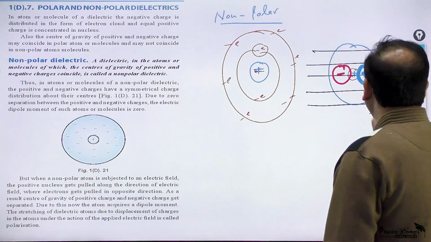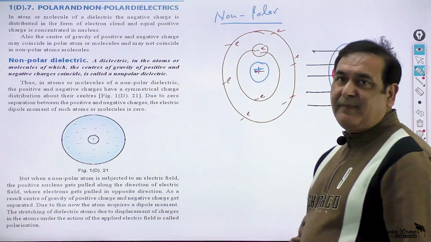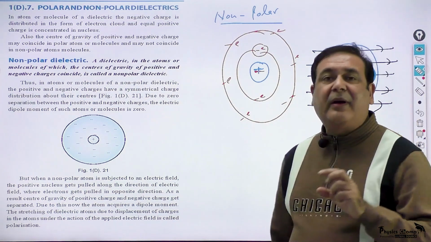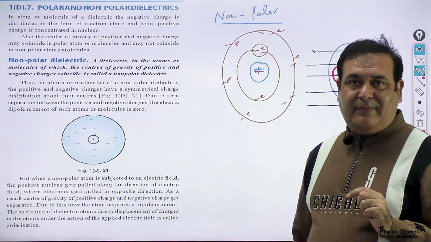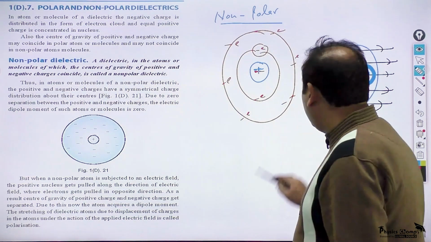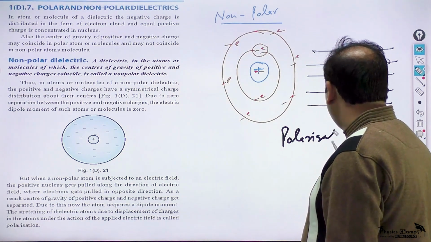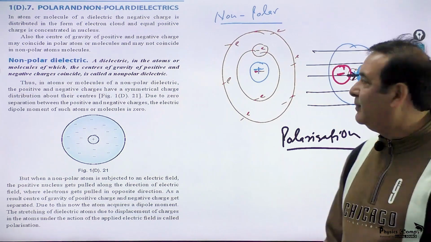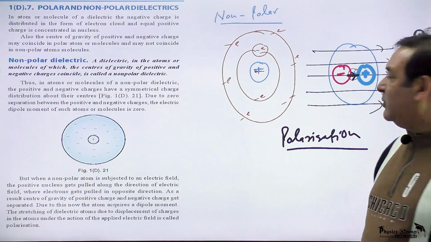As a result, we obtain a net electric dipole moment. So these non-polar dielectrics get polarized on applying an external electric field. We call it polarization. Now this is about non-polar dielectrics.